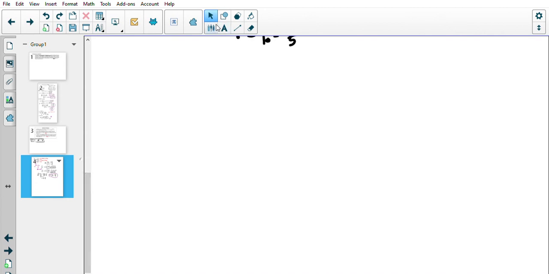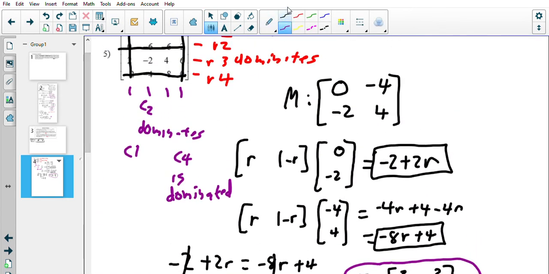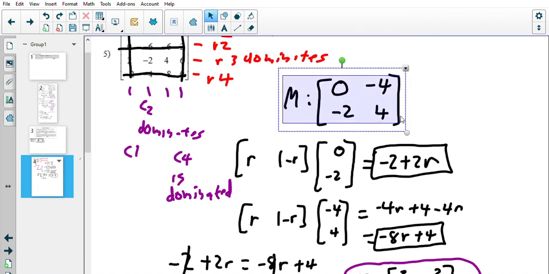What about our columns? So we'll bring down our matrix.